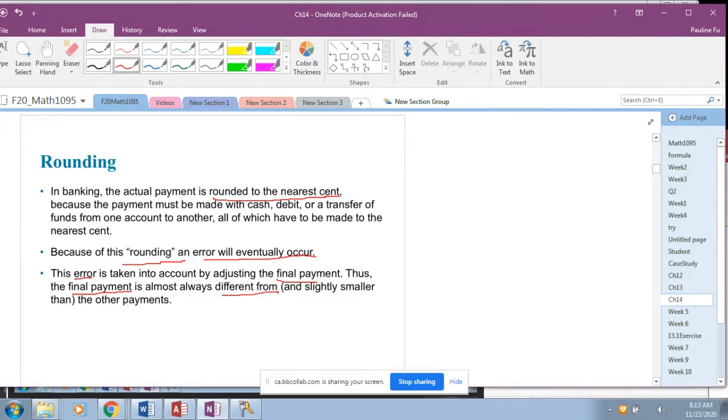Other payments have equal payment. For example, each month you make 1,000 payment, but last month you may make $998 payment, or you may make $1,010 payment for the last month. This is because the error occurred.